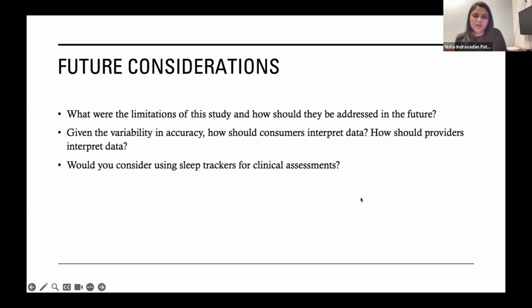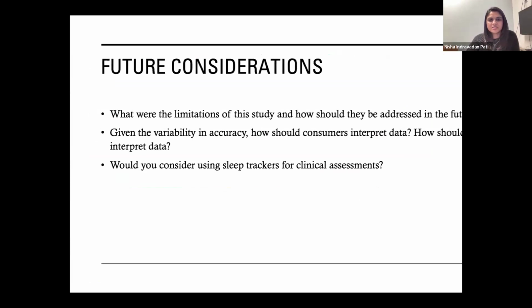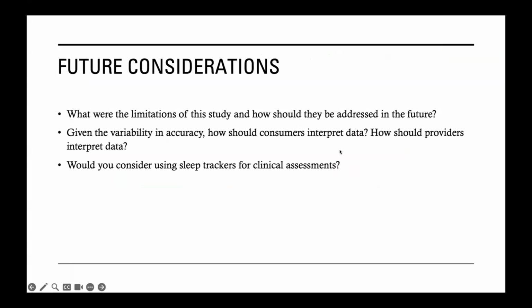So I think we've been talking about the limitations of this study. How would you guys possibly address some of these limitations that we talked about? Have a more diverse patient population or study population. Definitely.